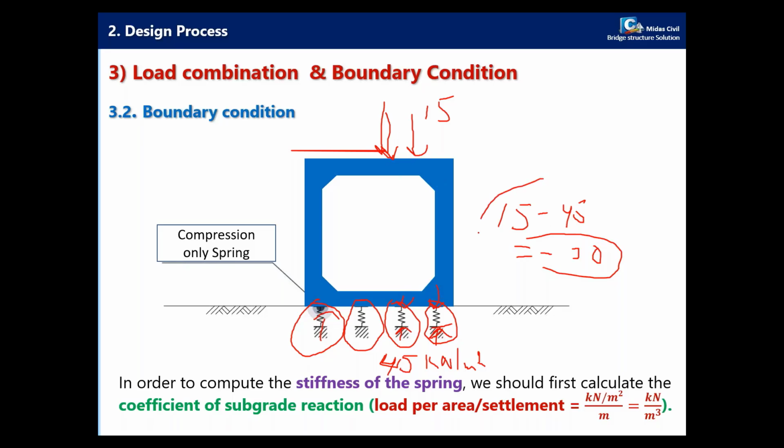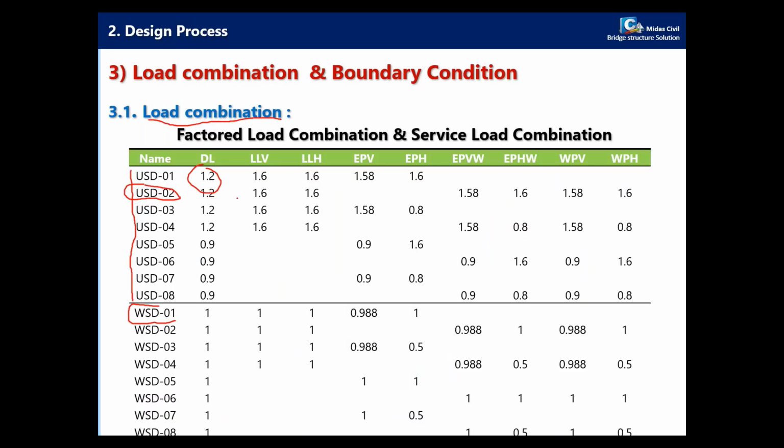To avoid this case, you have to use the load combination as I showed you before, especially in this case, USD 02, you have that problem about the water pressure. I'm going to explain it when we are running the software so you can understand very well.